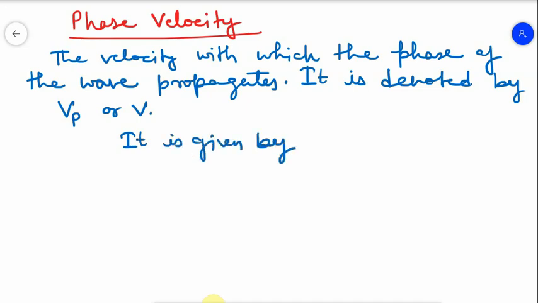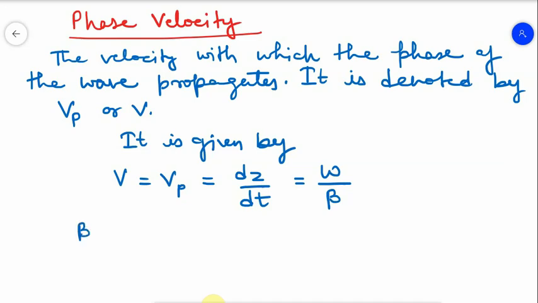So phase velocity is given by V equals Vp equals dz upon dt, the rate of change of z with respect to t, and this is equal to omega upon beta. Some new terms will come across, but we will discuss them further. So V, the phase velocity, equals omega upon beta, where beta equals omega root over mu 0 epsilon 0.